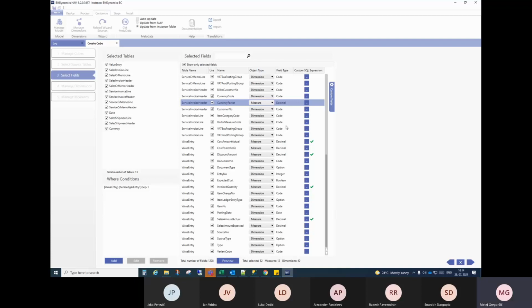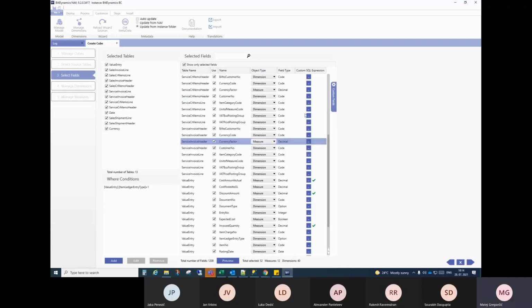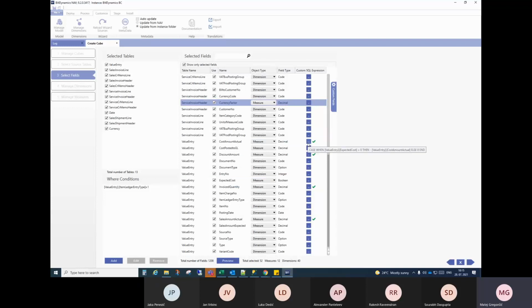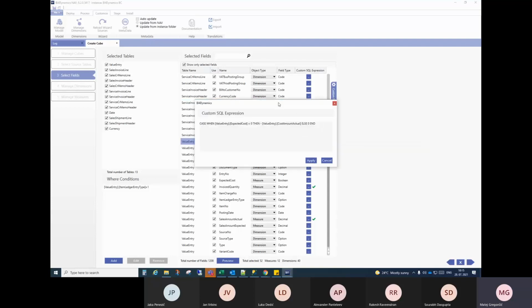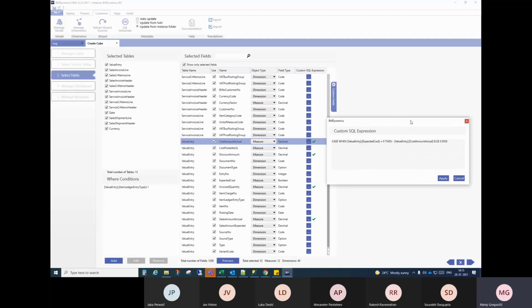One additional thing here: you can see a lot of custom SQL expression. We talked about this in Dimension, and let's have a look at how we transform a measure or a field already in this part of the project. On this particular field, cost amount actual from the value entry table, we take the value entry expected cost and check if this is 0.